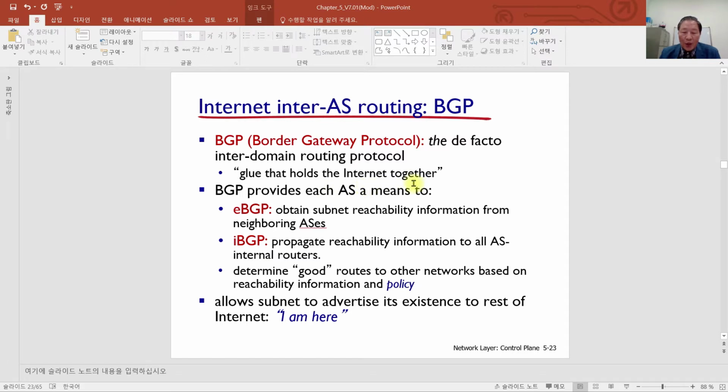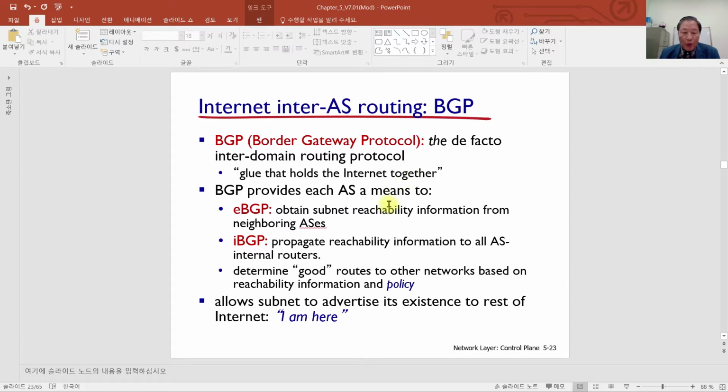The internet is composed of many different kinds of networks. That means heterogeneous networks. Those are glued tightly using this BGP protocol.